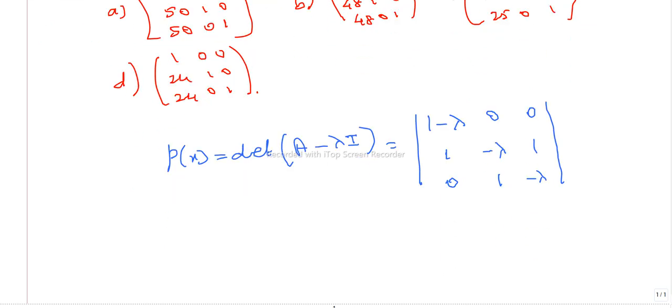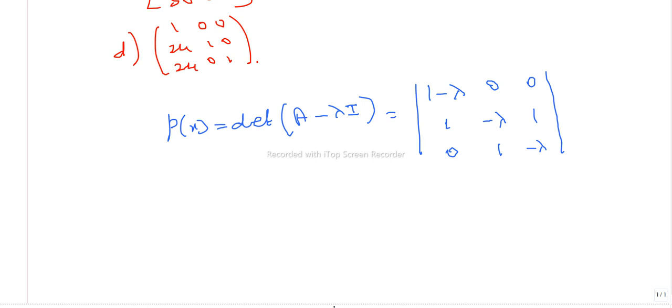We take the determinant of this, which is the characteristic polynomial in lambda. If this is x, you have to replace x; I call it P of lambda. We can expand via the first row: 1 minus lambda times (lambda into lambda, lambda square, minus 1 into 1). All others are 0.